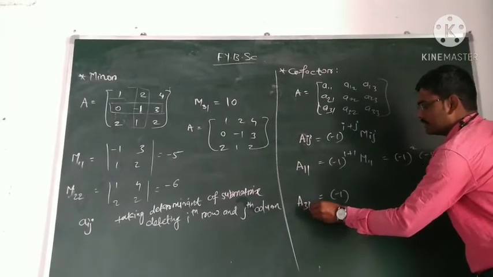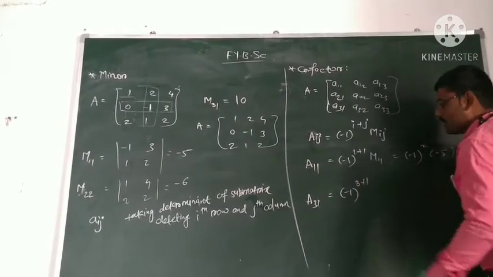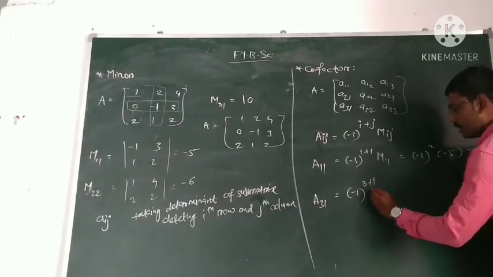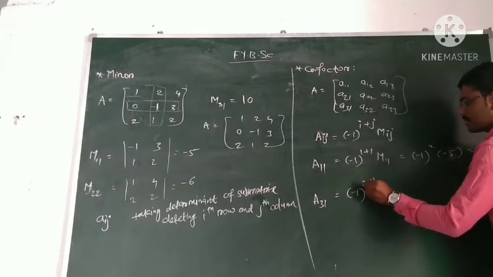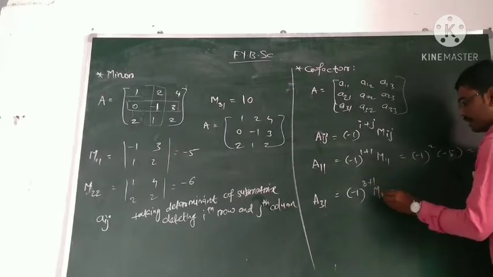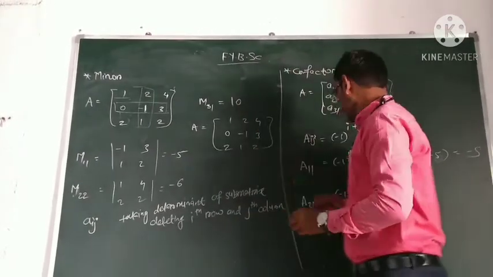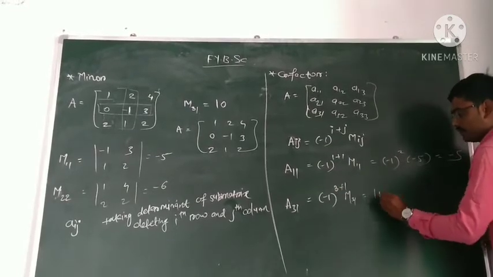Here i is 3, j is 1, so 3 plus 1, into M31. So minus 1 to the power 4 is plus 1, and M31 is 10. So plus 1 into 10 is equal to 10.